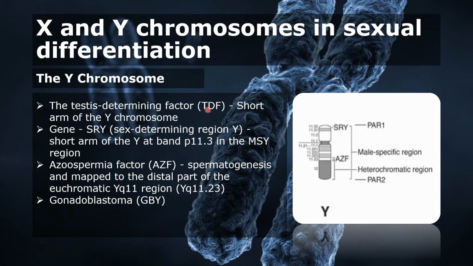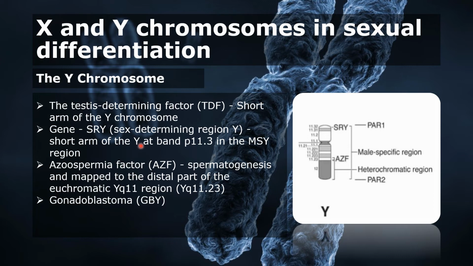This TDF was mapped by molecular analysis of a sex-reversed patient, and the gene was identified as SRY, the sex-determining region Y. It is located in the short arm of the Y chromosome, in band P11.3 in the MSY region.